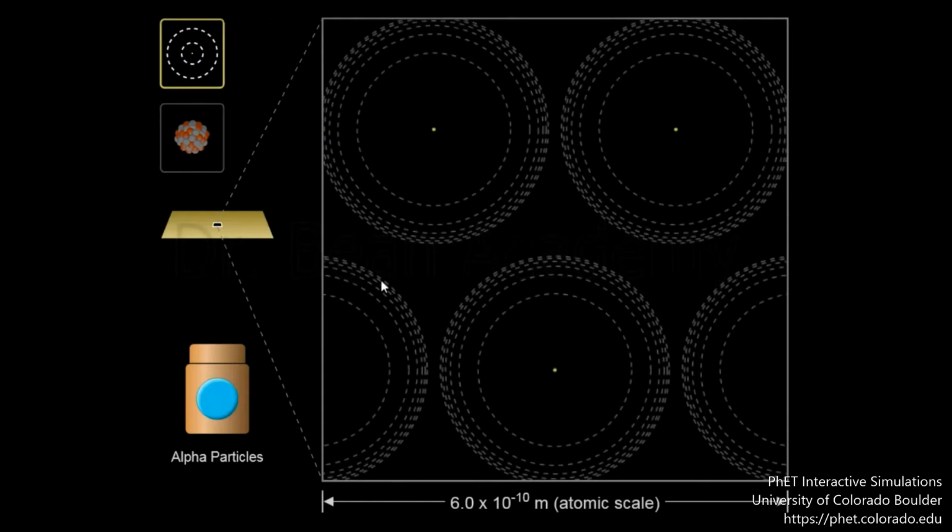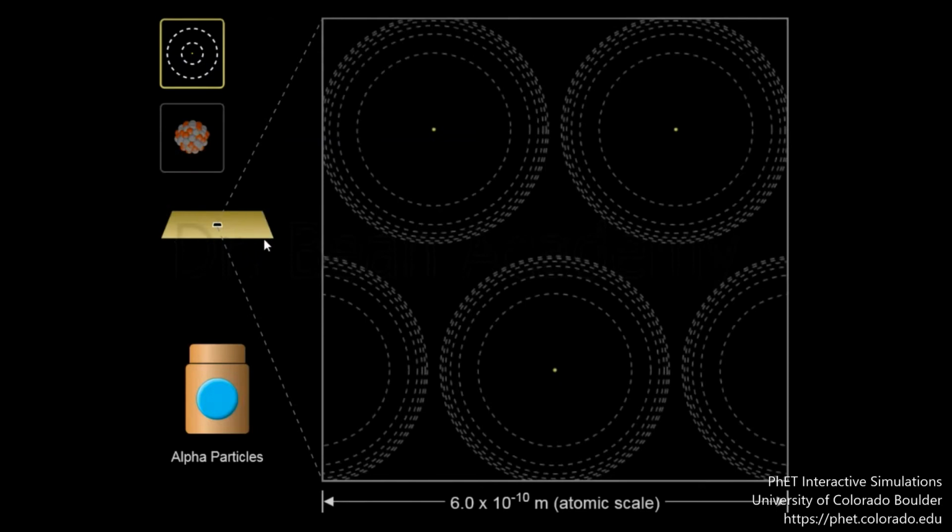So in his experiment, he took a gold foil. You can see on the left side that yellowish piece, and I will help you to understand the experiment Rutherford did in 1911 with the help of this animation.